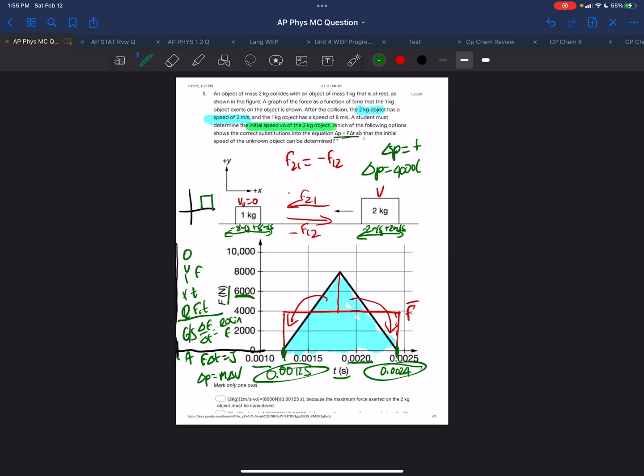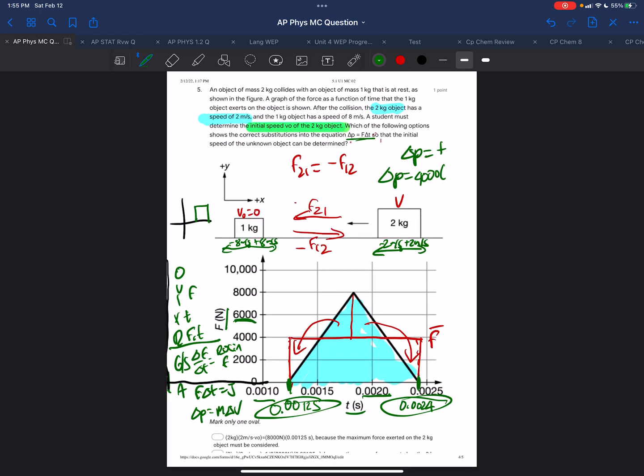So let's see what we're given for choices here. Here we can see there is a force and a change in time.